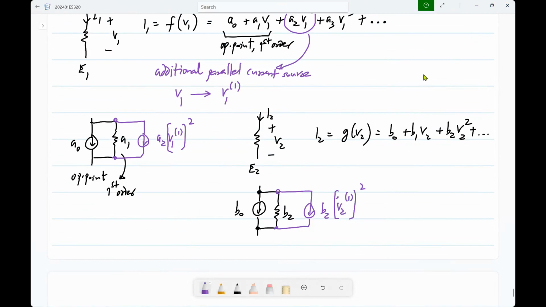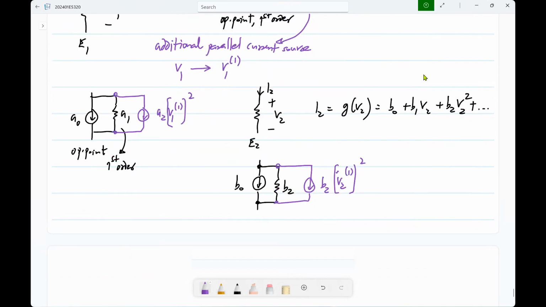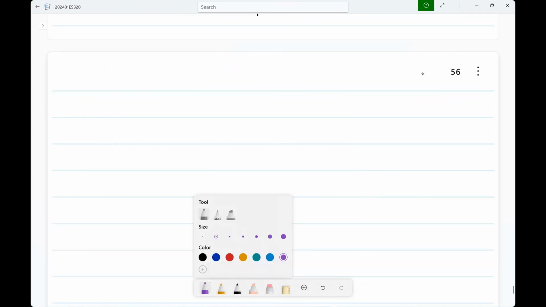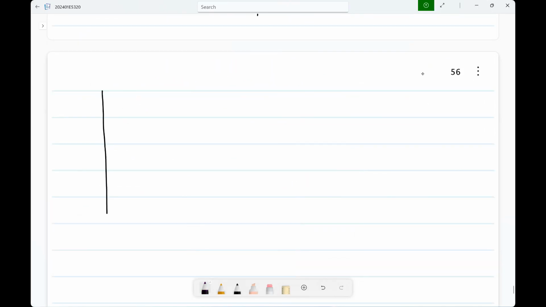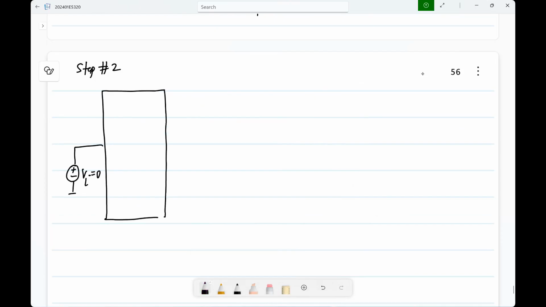So you do circuit analysis. So the important thing now is you set the input to 0. Okay. And essentially, wherever you had the first element, you would have the operating point.